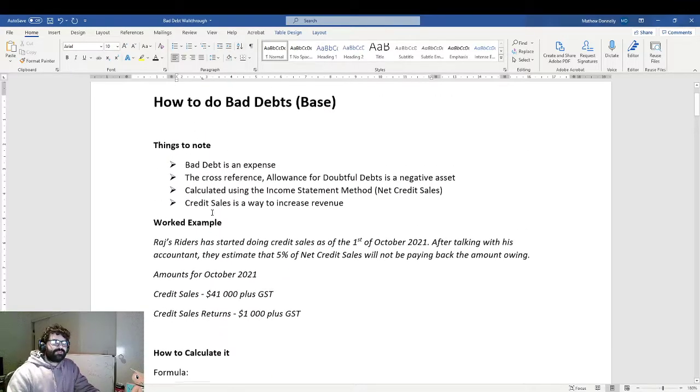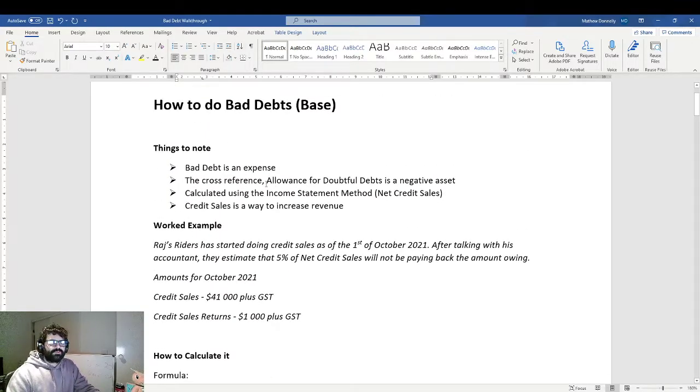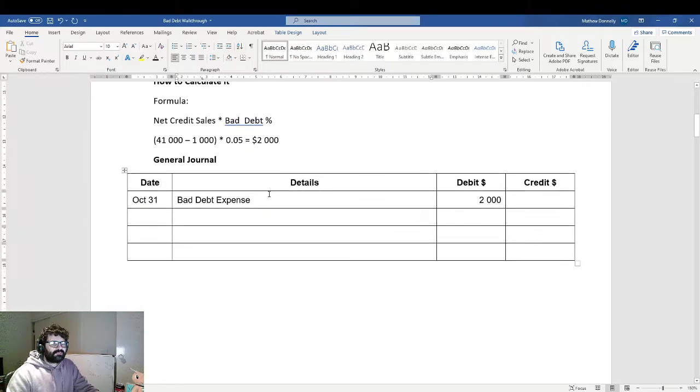Now the cross-reference, if we go back up, was allowance for doubtful debts. Allowance for doubtful debts, and that's $2,000.